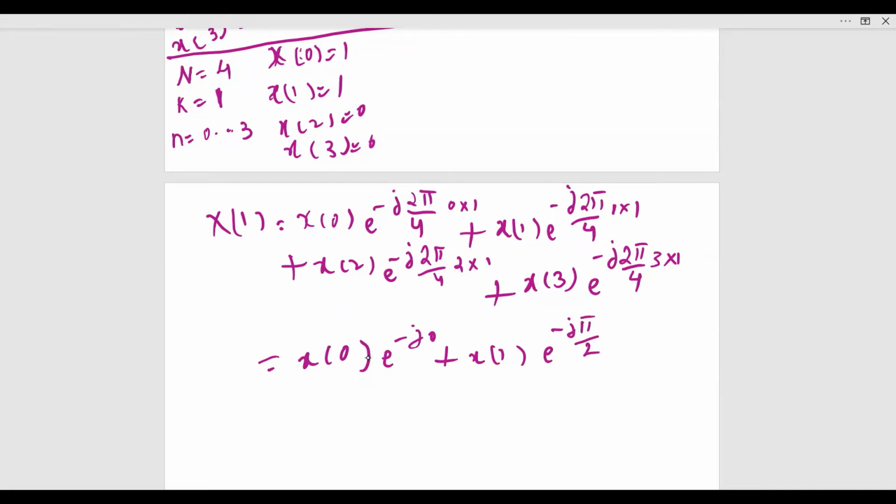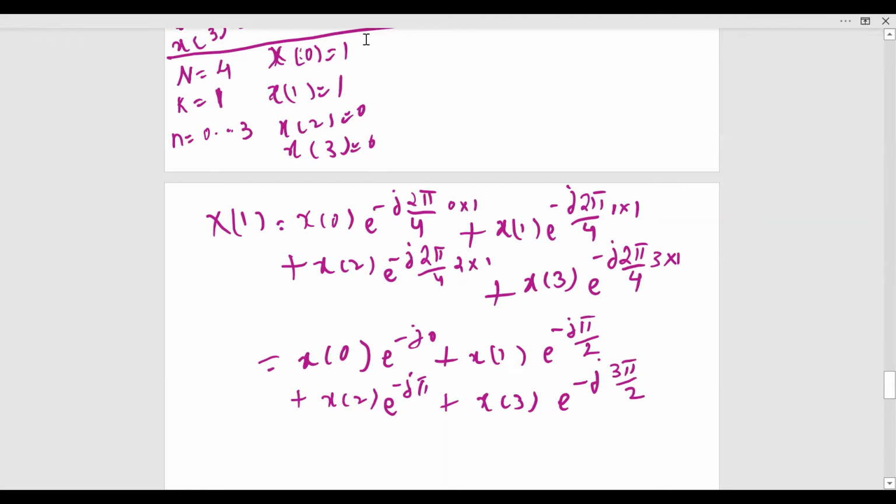Pi by 2. Plus x of 2 e power minus j, 2 into 1 is 2, so 4 will get cancelled, so we'll get pi. Plus x of 3 e power minus j, this is 3 by 2 because 2 2's are 4. So we'll get 3 pi by 2.